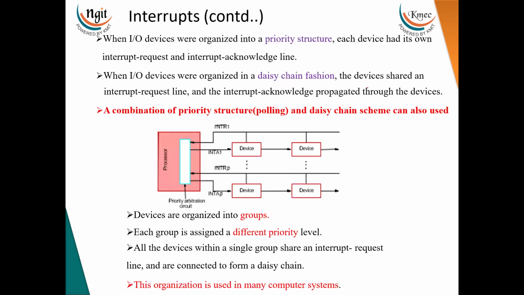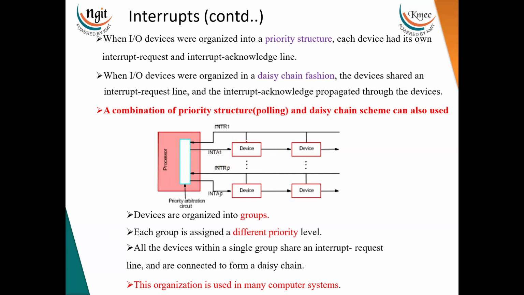To avoid that, we go for a combination of priority structure and daisy chain. Here, groups of devices are connected together, and these groups are given priorities. Depending upon the priority, the microprocessor will give the acknowledgement to a group. For example, if more than one device has generated a request, the first group has the highest priority, so it will receive the acknowledgement.